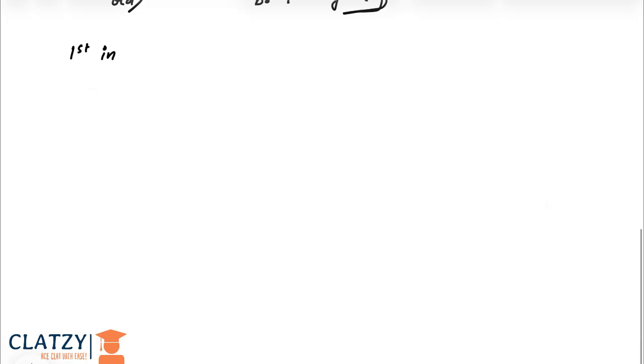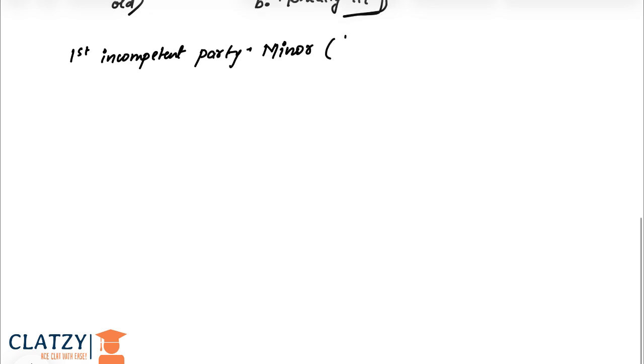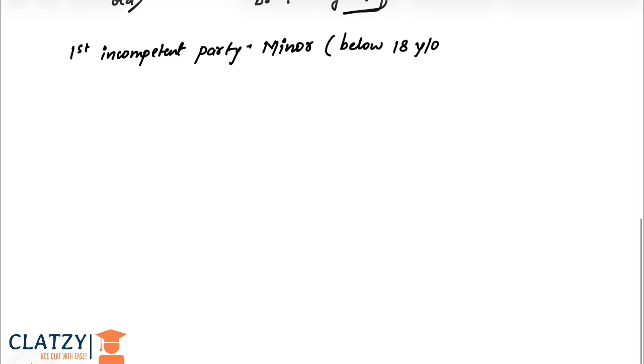So first incompetent party is a minor. Now I told you that anybody who is a minor, which means below 18 years of age, is an incompetent party, which means that a minor cannot enter into an agreement, right?